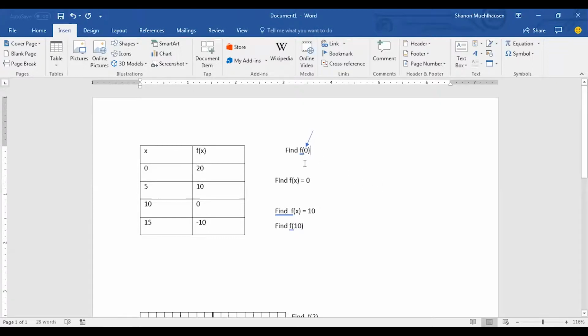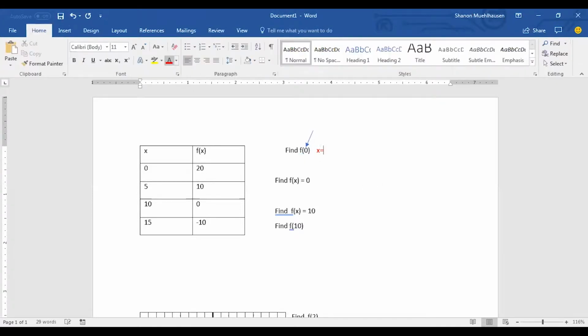So this says x is 0. Now you're going to have to get used to seeing it written this way, but that's what it says. So that's simply asking us to go to the table, find where x is 0, and see what answer would spit out. And we can see that if x is 0, the answer we get is 20.